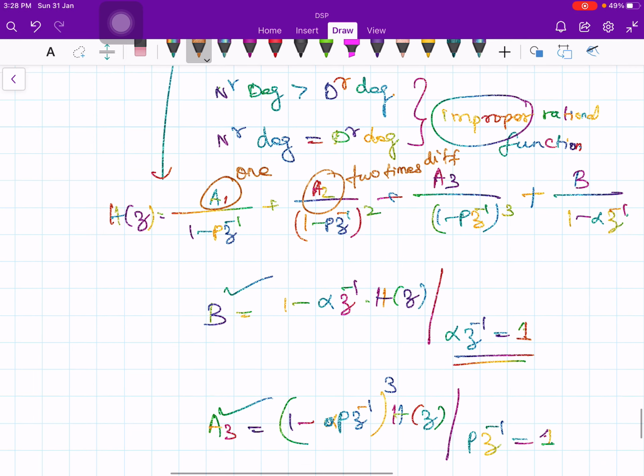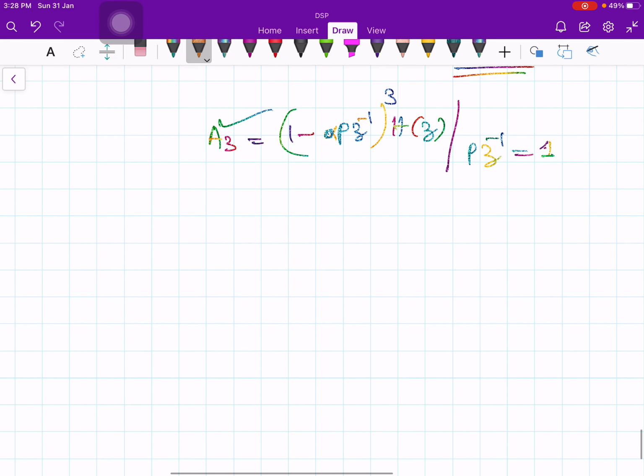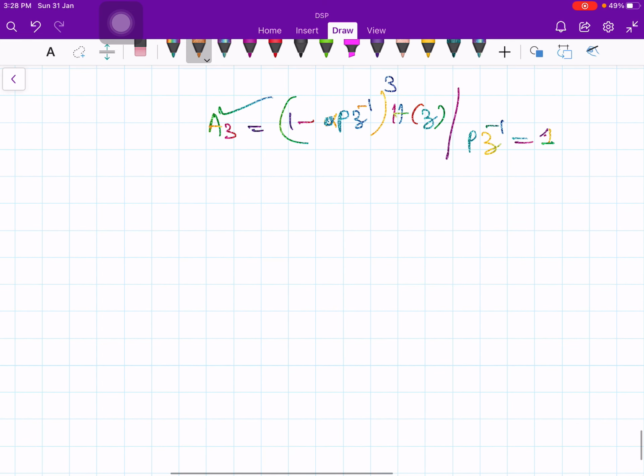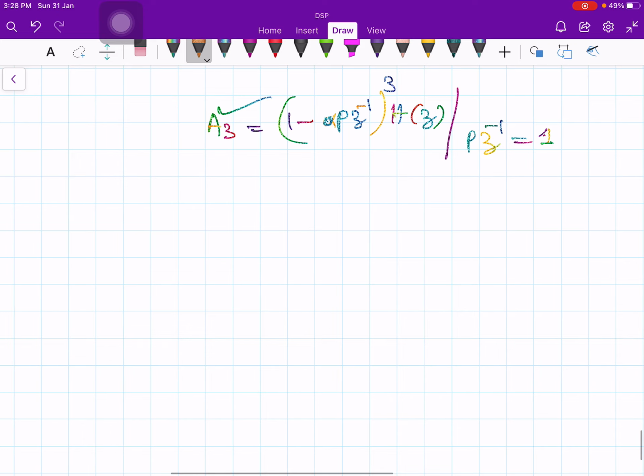But generally, what one will do, instead of doing that differentiation, is take 2 specific values for z inverse. This is an alternative method to calculate a1 and a2. So what you do is take 2 specific values and substitute. It's up to you, whatever value you like, you can substitute.